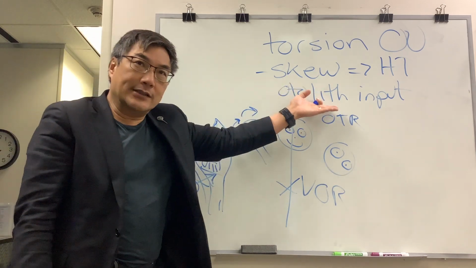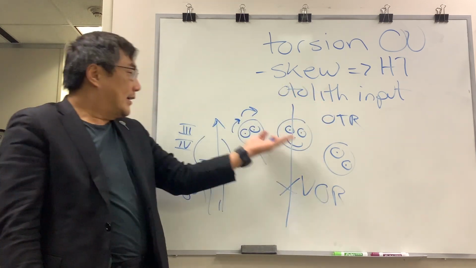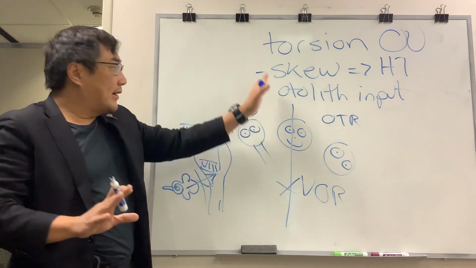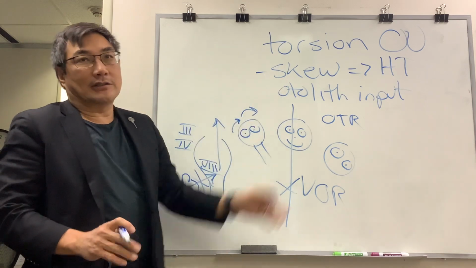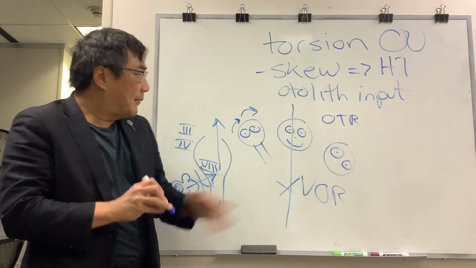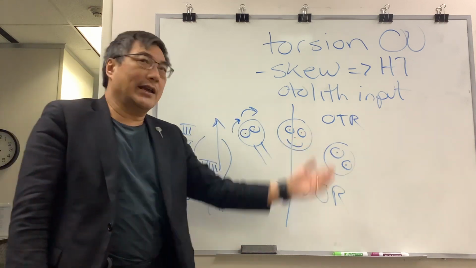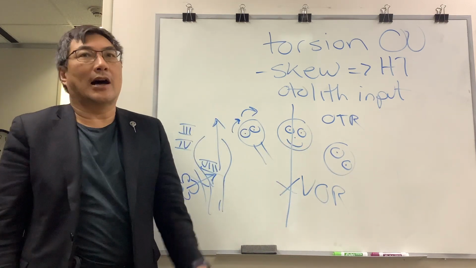So the faulty signal creates the false impression that you must compensate with a torsional movement of both eyes and a vertical movement, and that results in a pathologic ocular misalignment associated with a head tilt called skew and the ocular tilt reaction.